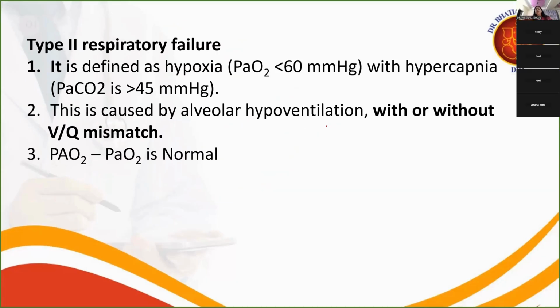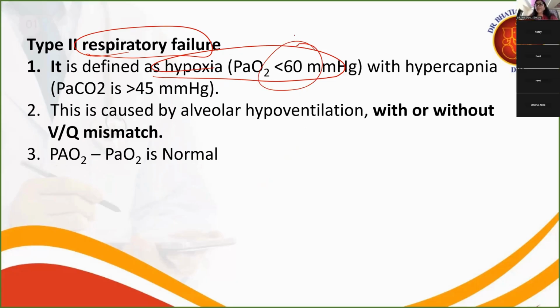What is type 2 respiratory failure? Now, type 2 respiratory failure means hypoxemia will be there. So tissue hypoxia or hypoxemia with arterial pressure of oxygen below 60 accompanied with hypercapnia. So if PaCO2 is also rising, that means the patient is not able to ventilate out.